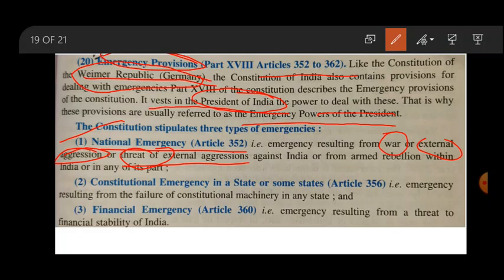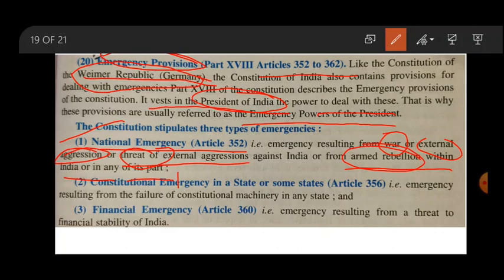Or from armed rebellion within India or in any part of it, not only from the external, also from inside our country.